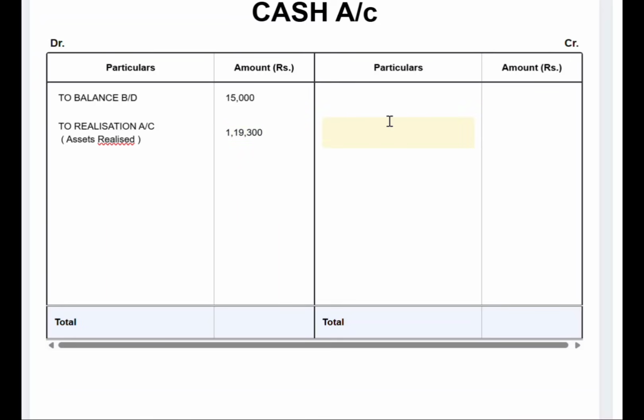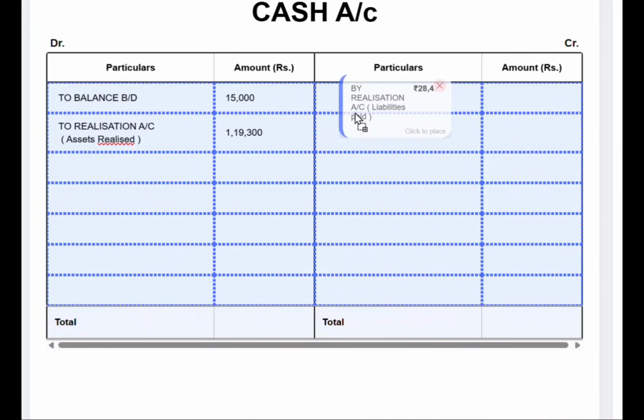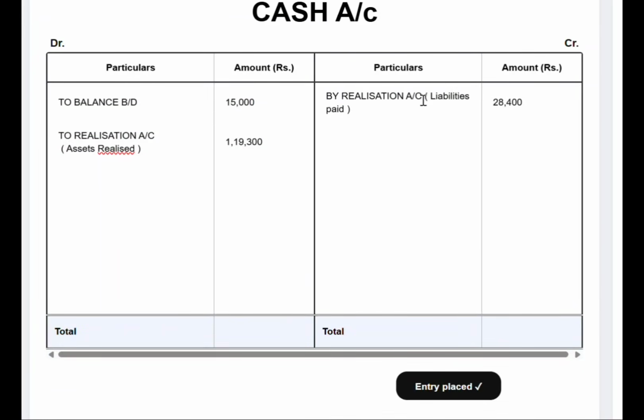Now on the credit side, we have to write down all the payments that have been made at the time of dissolution. The first entry will be the liabilities that are paid off. So it will be written as by realization account, the external liabilities paid, 28,400.